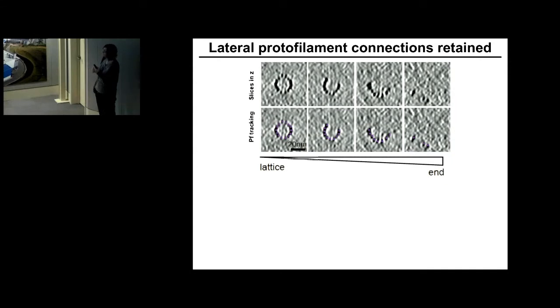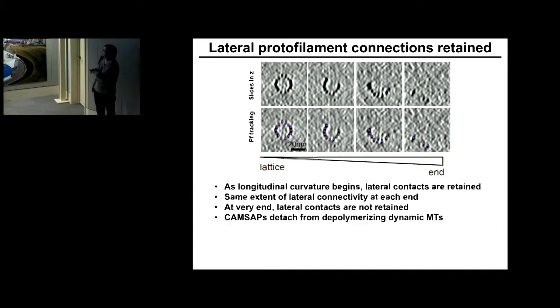That says that the protofilaments move away from the axis of the microtubule cylinder, but retain the connection between them.